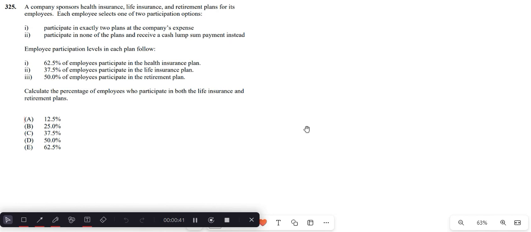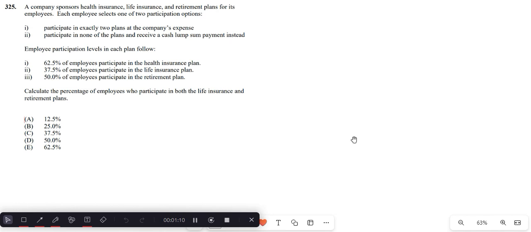Employee participation levels in each plan follow. 62.5% of employees participate in the health insurance plan, 37.5% participate in the life insurance plan, and 50% participate in the retirement plan. And we're asked to calculate the percentage of employees who participate in both the life insurance and retirement plans.